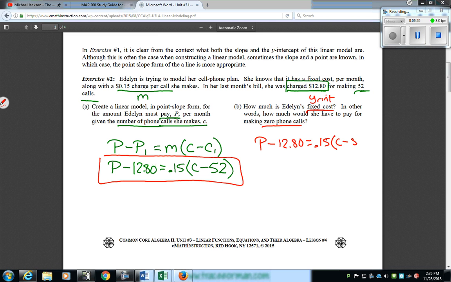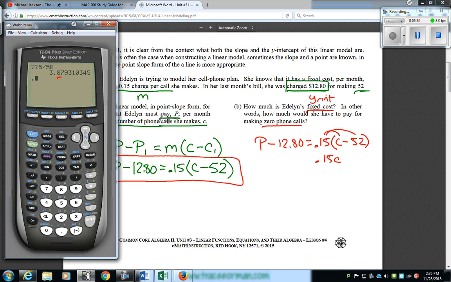and I'm going to solve for P first by distributing. So I got 0.15C, and then I'm going to take my calculator back out. I'm going to put 0.15 times negative 52, which is negative 7.8. So this will be minus 7.8.